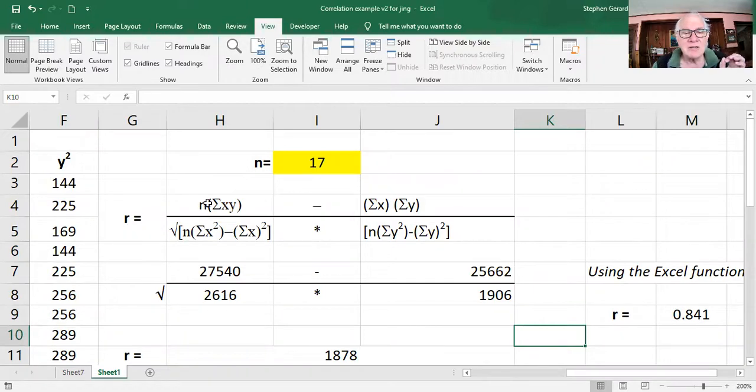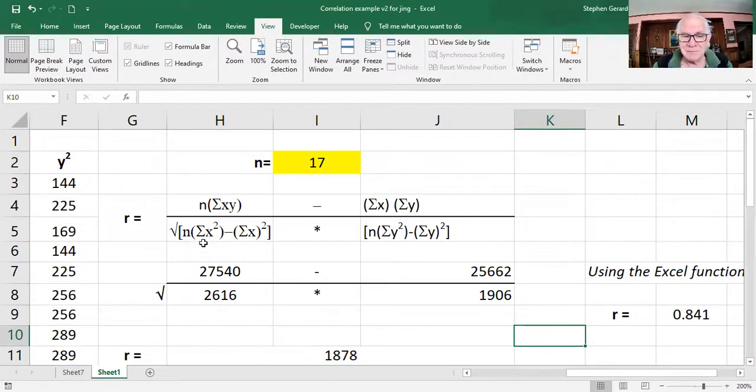Pearson's R is N, the number of cases that you have, times the sum of X times Y, again this is between two variables, X and Y, minus the sum of the X's times the sum of the Y's, divided by the square root of N times the sum of the X squared minus the sum of the X's quantity squared.